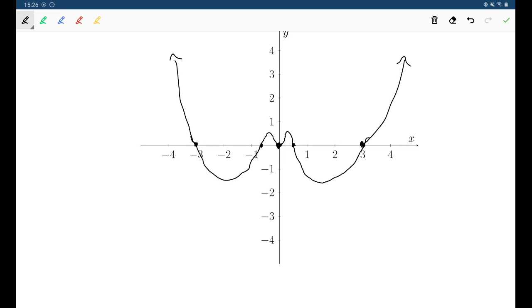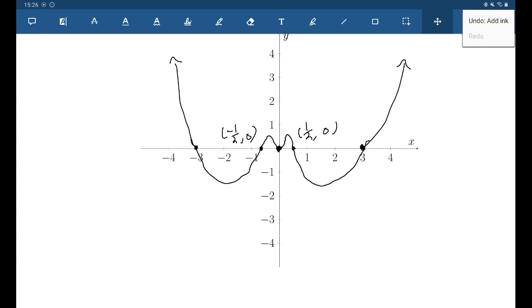The only place where I touched was at 0. Now I do need to label the points (1/2, 0) and (-1/2, 0). Those aren't at tick marks, so I do need to label them. But (0, 0), (3, 0), and (-3, 0), I don't need to label.